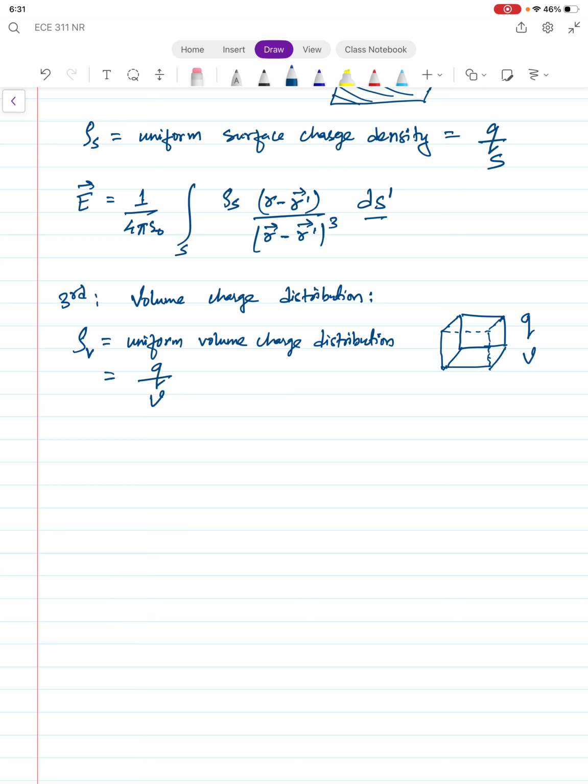And following a similar process, the electric field in this case will be E equals 1 by 4 pi epsilon 0, the volume integral of rho sub v r minus r prime over r minus r prime cubed dv prime.